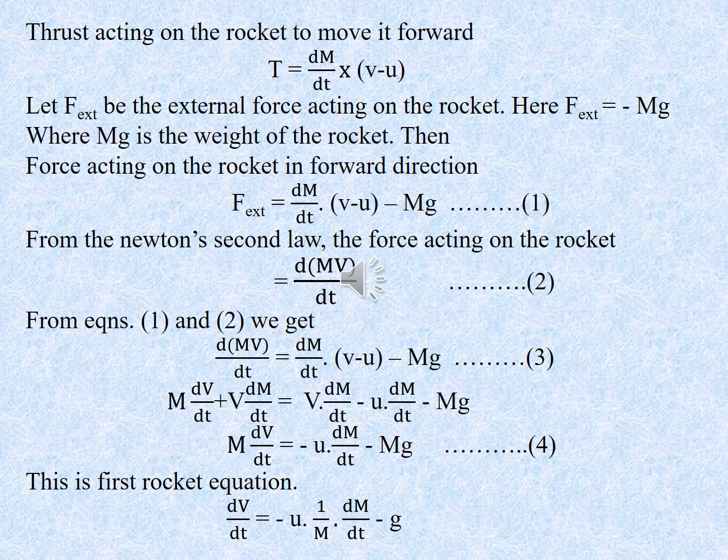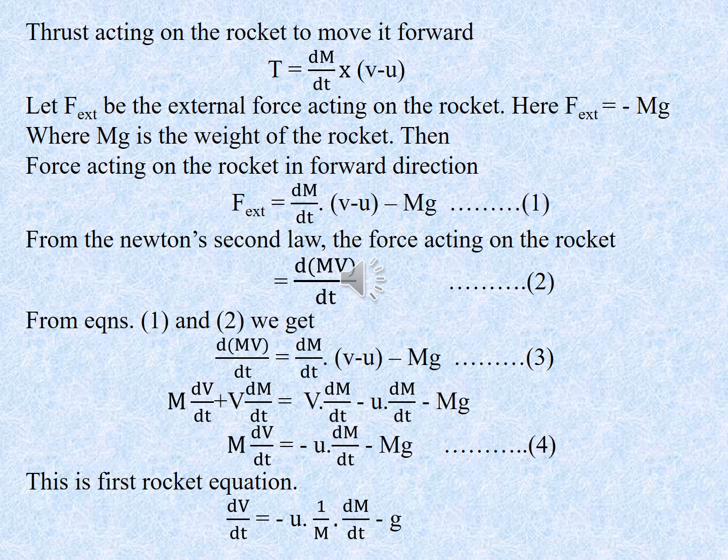From Newton's second law, the force acting on the rocket F is equal to d by dt of mv. From equations 1 and 2, we get d by dt of mv is equal to dm by dt (v minus u) minus mg. On the left hand side we apply the uv formula, on the right hand side we multiply the terms.